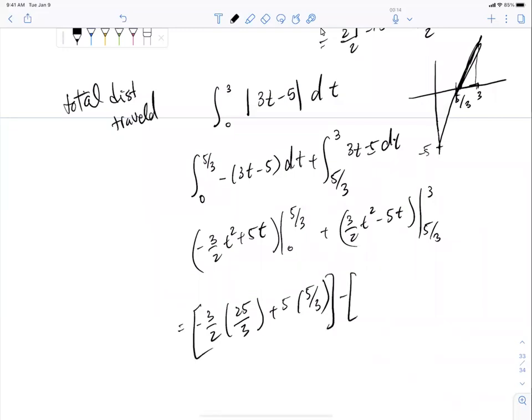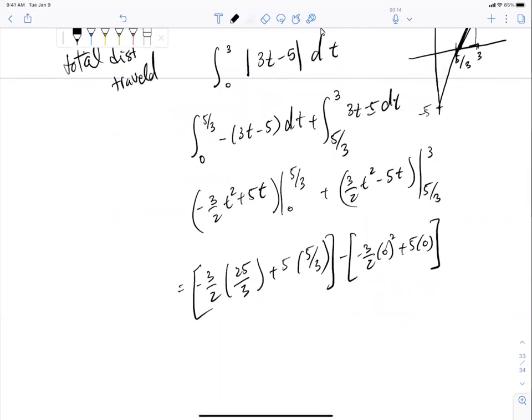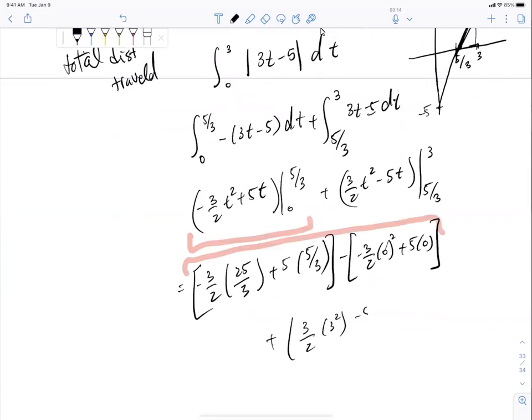Minus negative 3/2 times 0 squared plus 5 times 0. That part just takes care of this. And then continuing, plus 3/2 times 3 squared minus 5 times 3, minus 3/2 times 5/3 squared minus 5 times 5/3.